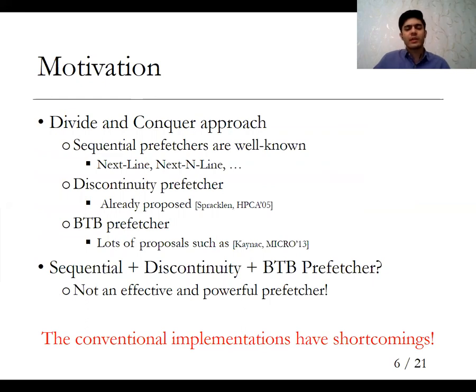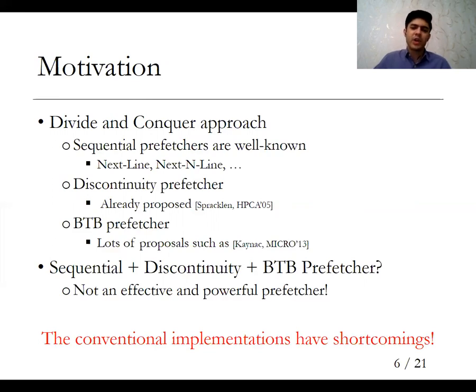To use the divide and conquer approach, we separate the source of performance bottleneck in the core frontend into sequential, discontinuity, and BTB misses. To cover the sequential misses, sequential prefetchers are the common solution. The general idea is to prefetch some subsequent blocks ahead of the fetch stream.